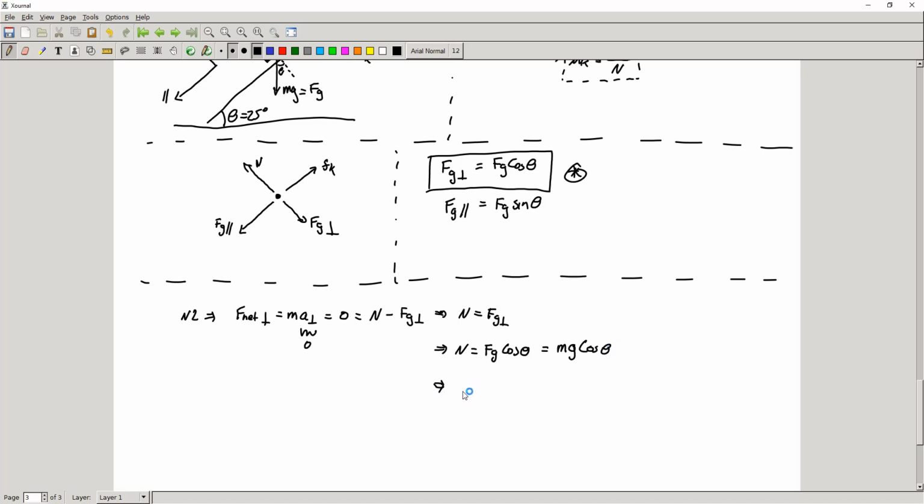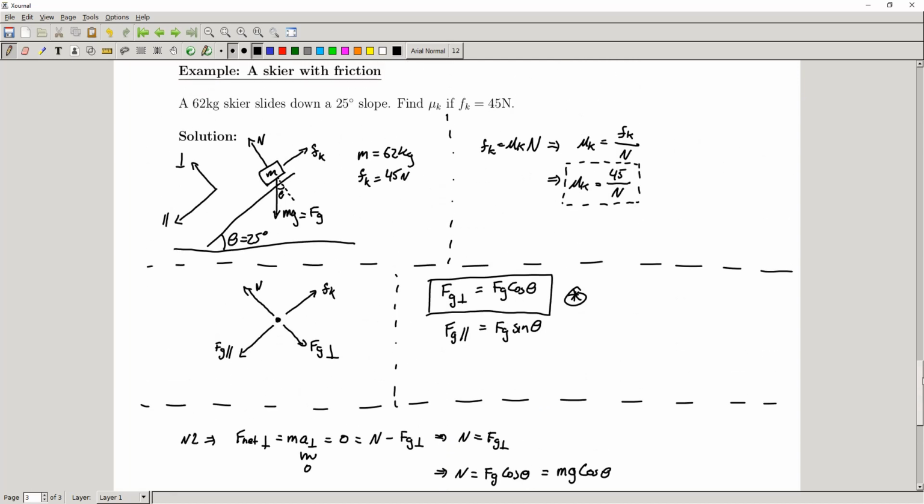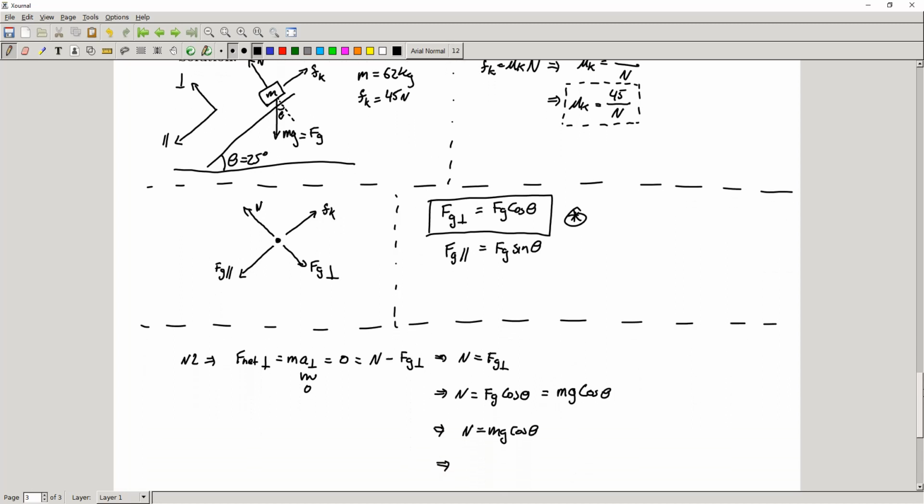We have N equals mg cos theta, and from the equation that we had above, we know what mu k, our coefficient of kinetic friction, is going to be if we know what the normal force is. So we now know that mu k is going to be equal to 45 over mg cos theta, and we can substitute in numbers for that, so that's going to be 45 over 62 kilograms, 9.8 meters per second squared, and the cosine of 25 degrees.